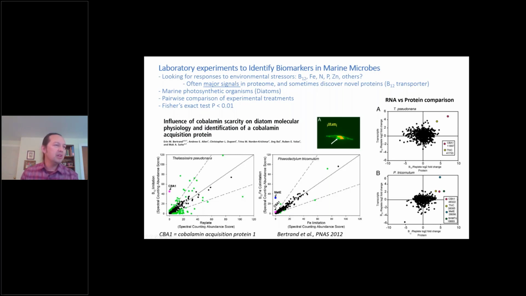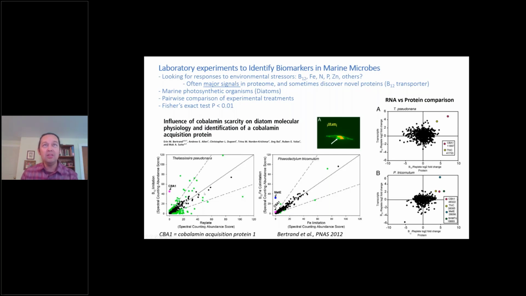And these are simply replete on the bottom axis and B12 limiting on the vertical axis, and proteins shown here. And you can see that one protein, this one in purple here, was far more abundant under B12 limiting conditions than without. And this is what actually happens in a lot of our experiments.